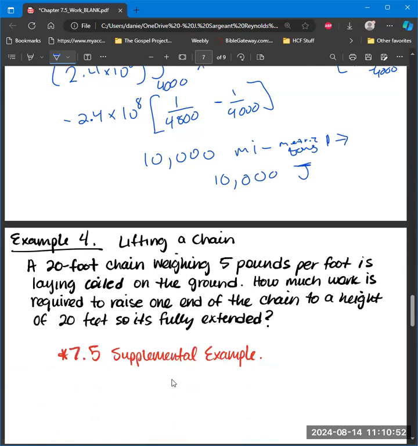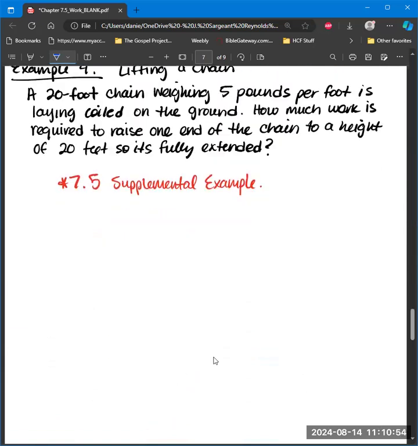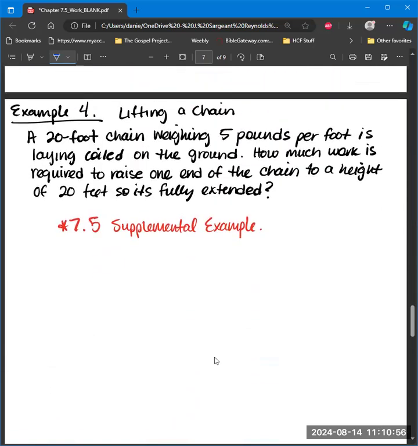All right, another problem. We're definitely going to be doing this type of a problem in this class. So a 20-foot chain weighing 5 pounds per foot is laying coiled on the ground. How much work is required to raise one end of the chain to a height of 20 feet so that it's fully extended?